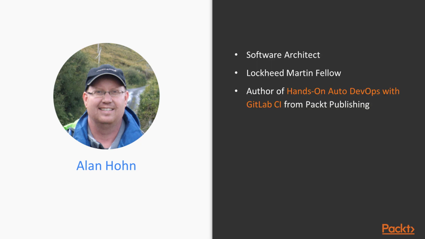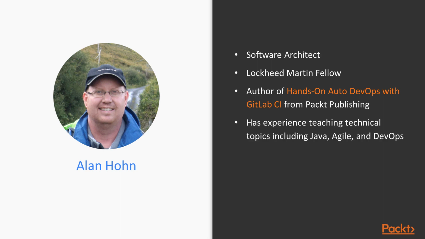I'm the author of multiple video courses from Pact Publishing, including Hands-on Auto DevOps with GitLab CI. I have experience teaching technical topics during my whole career, including courses in Java, Agile, and DevOps that I've taught to hundreds of different students.